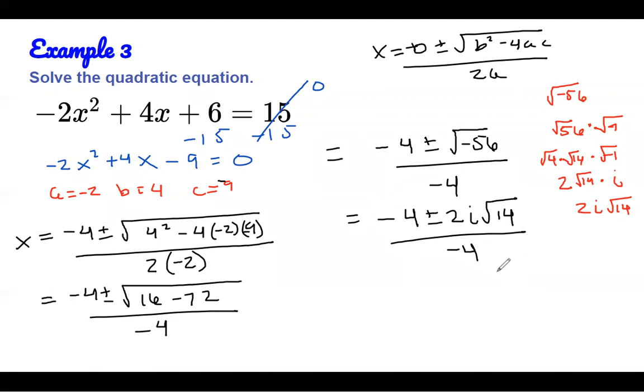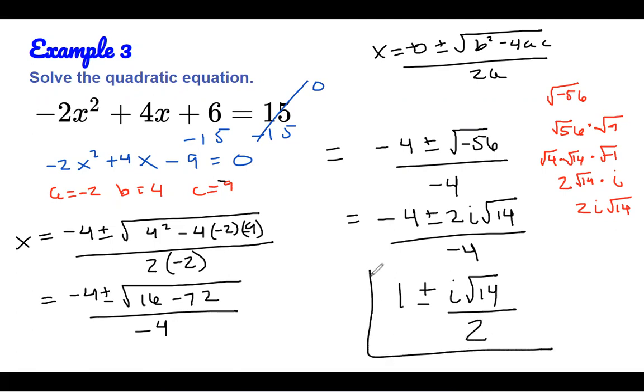Negative 4 divided by negative 4 is 1, plus or minus 2 divided by negative 4 is negative 1/2. So this would be basically i square root of 14 over 2. There you go.